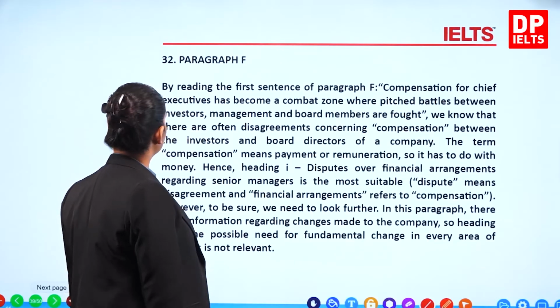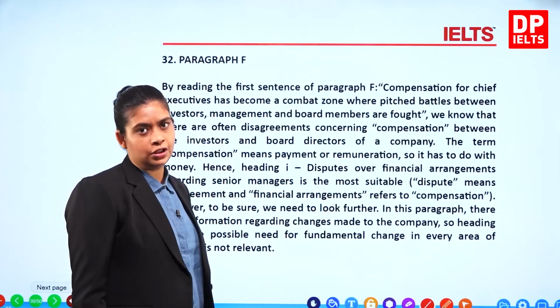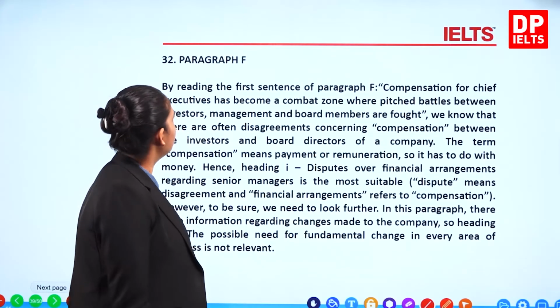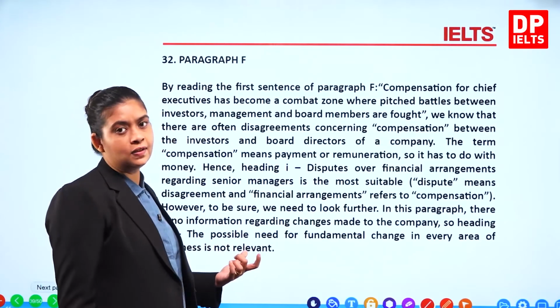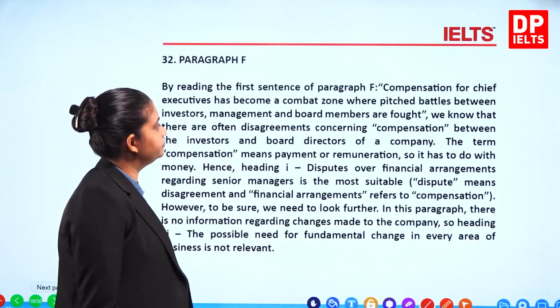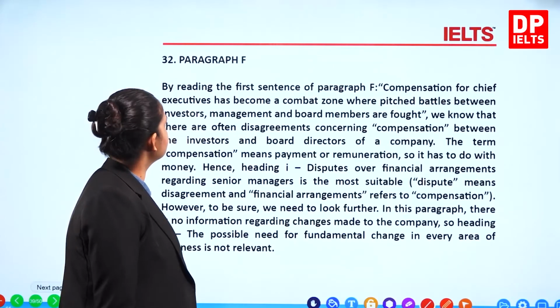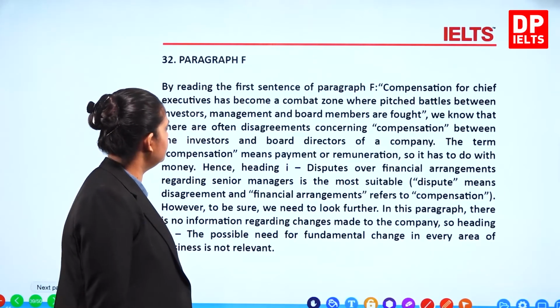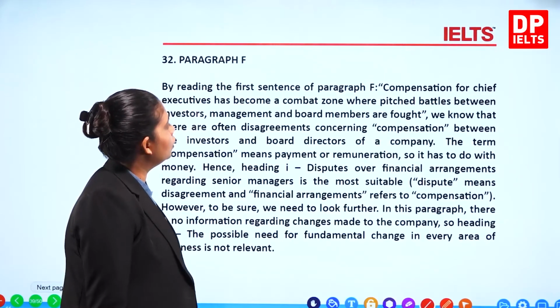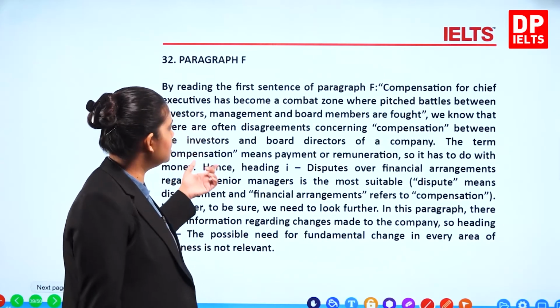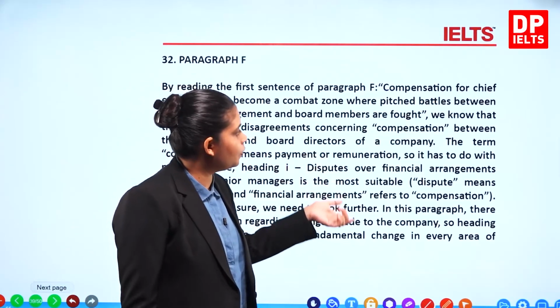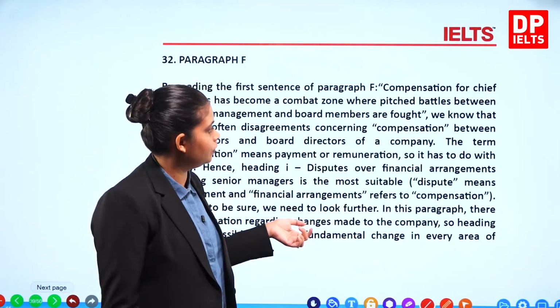So the next question number 32, paragraph F, right? If you read the first sentence where we usually get the idea: compensation for chief executives has become a combat zone where pitched battles between investors, management and board members are fought, right?